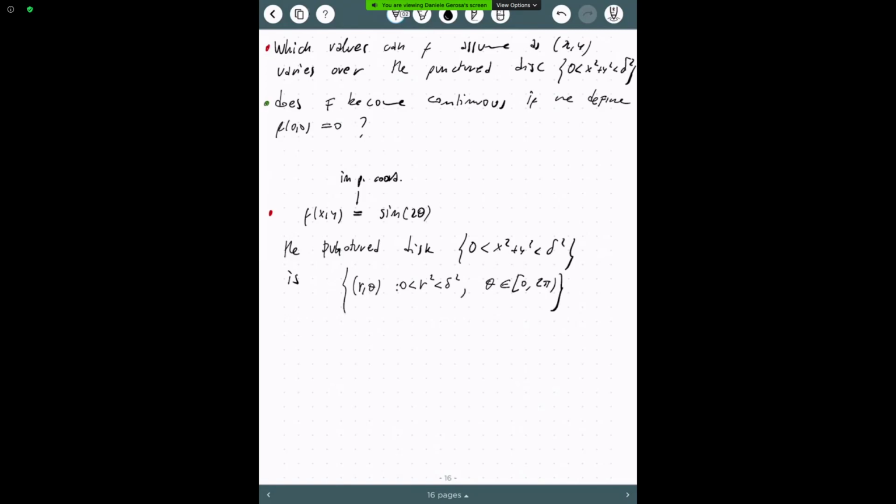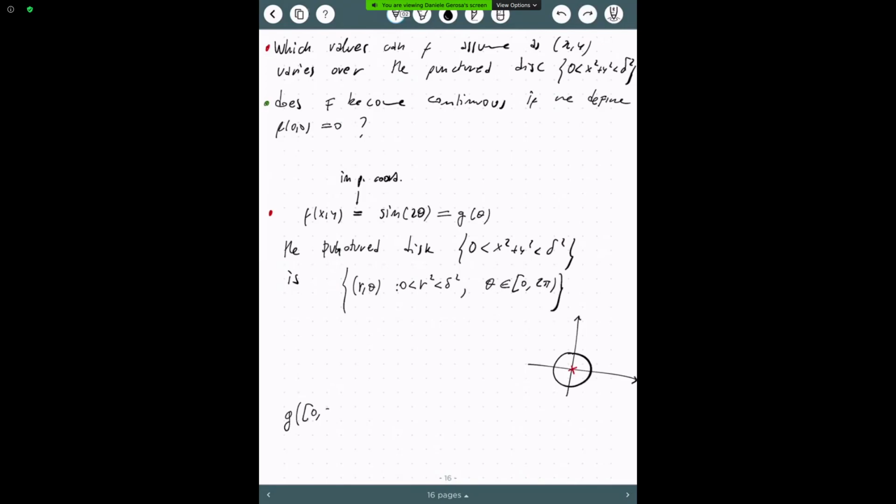Because you have essentially this thing here, but we don't have the origin. The origin is excluded. So we can call this g of theta.